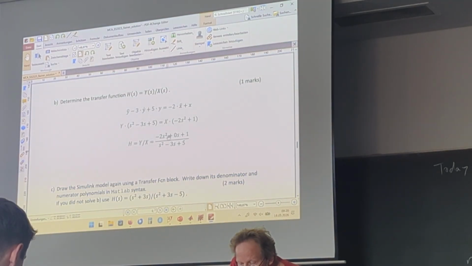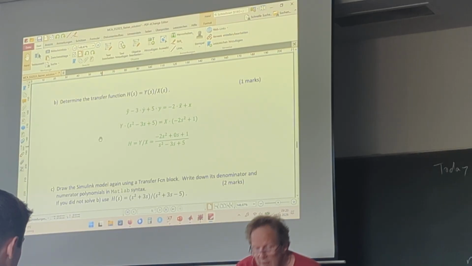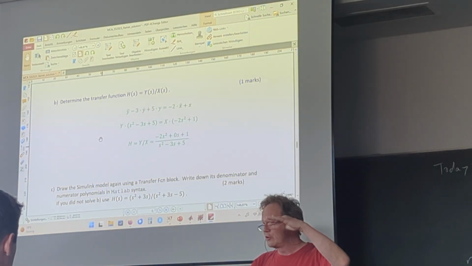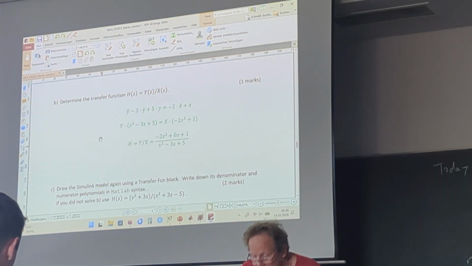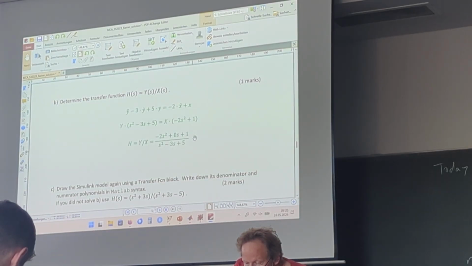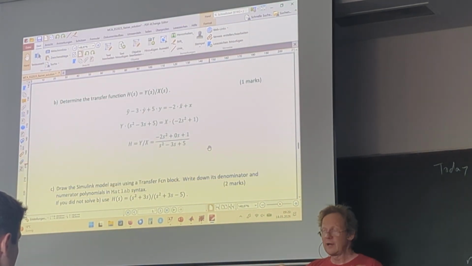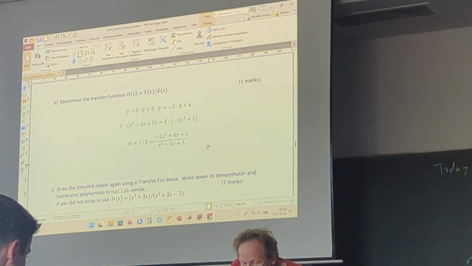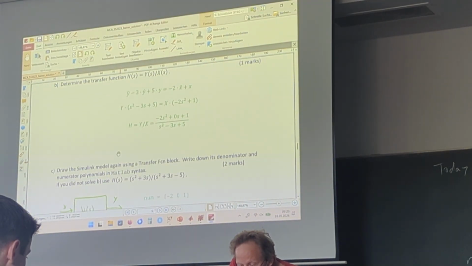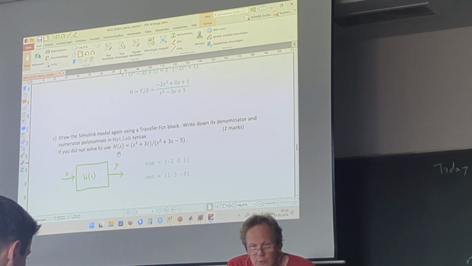Okay, so that's the left side, and on the right side, similar for X, the input. Then you can build the ratio, output divided by input, and that's the transfer function. So we have polynomials in the numerator and the denominator, and then we have to put this somehow into Simulink.